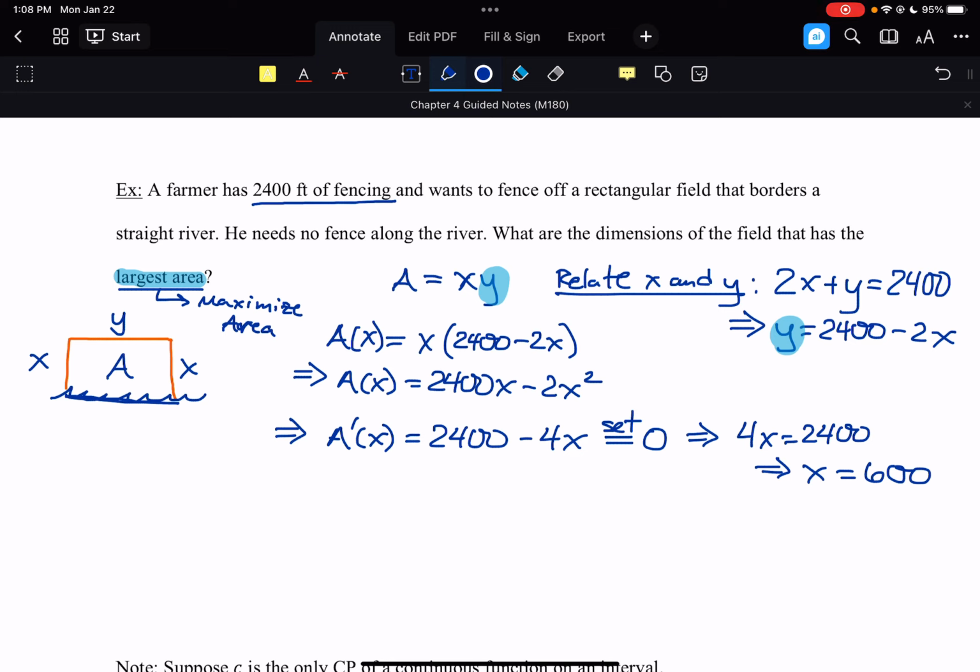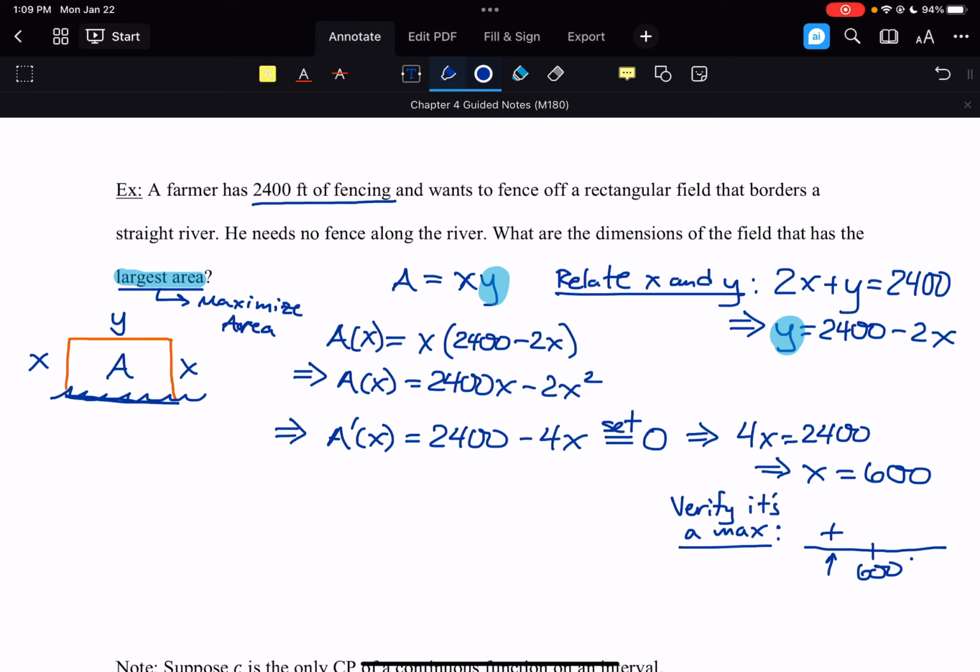Now, does this actually produce a maximum value? Let's just verify that it's a maximum. So we can just do the first derivative test here. We'll put 600 on a number line, and we'll choose one value to the left of it, even just 0, and you'll see you get positive 2400, so that's positive.